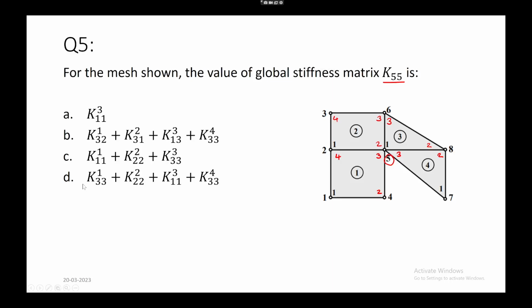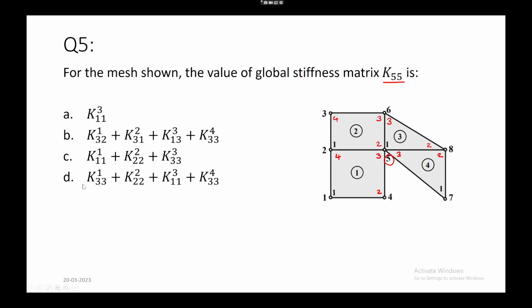So similarly, let us solve for this. Here they are asking for the global stiffness matrix K57. So let me do the local numbering: 1 2 3 4, 1 2 3 4, 1 2 3 4.